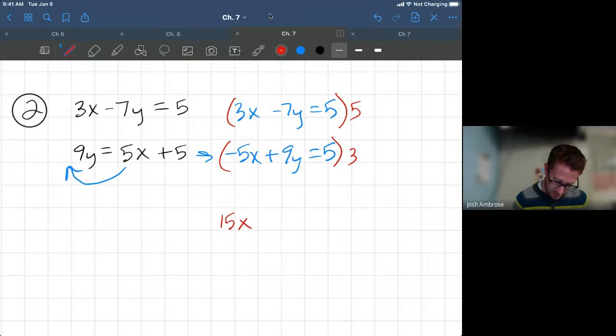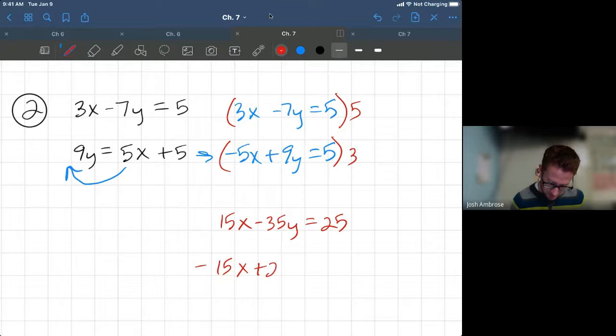15x minus 35y equals 25. And then underneath it, we're going to have a negative 15x plus 27y equals 15.